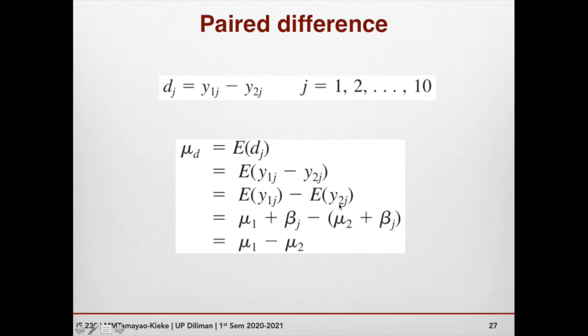This means that we can make inferences about the two means, mu1 and mu2, by making inferences about the mean difference, mu sub d, because mu sub d is actually an unbiased estimator of mu1 minus mu2.